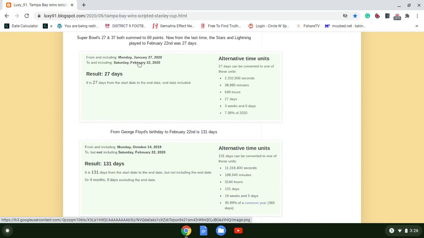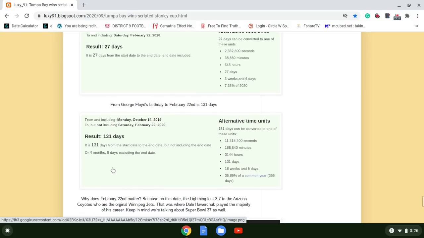So on January 27th, notice Super Bowls 27 and 37. They both summed to 69 points. Like I said, the last time the Stars and Lightning played was the 27th day of the year before the Stanley Cup Finals. From January 27th to February 22nd is 27 days. From George Floyd's birthday to February 22nd is 131 days.